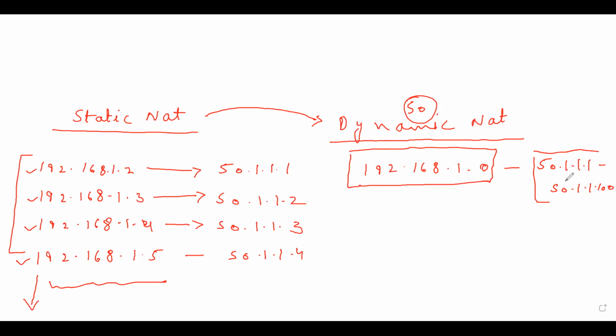Okay, I will give a range. In that range, it will automatically pick the IP. That is what they did in dynamic NAT. Just remember I will give here a range, a private IP range and a public IP range.